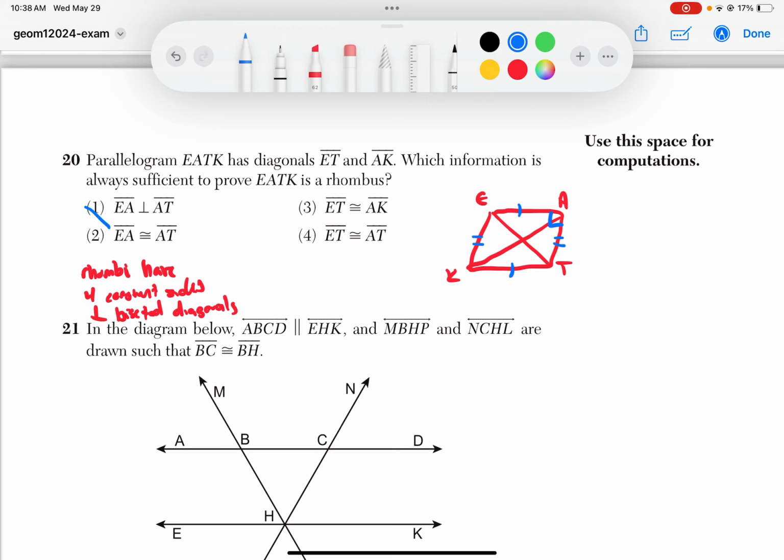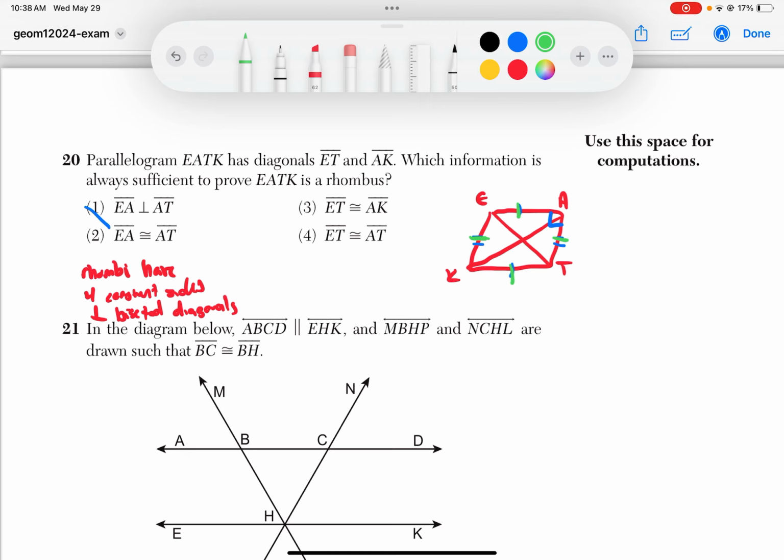EA is congruent to AT. Okay. Well, if EA is congruent to AT, AT is congruent to EK, and EA is congruent to KT, right? By the transitive property, all the sides are congruent, and I have a rhombus. So, looking good there.